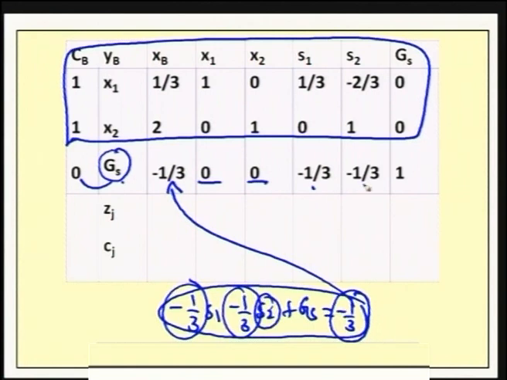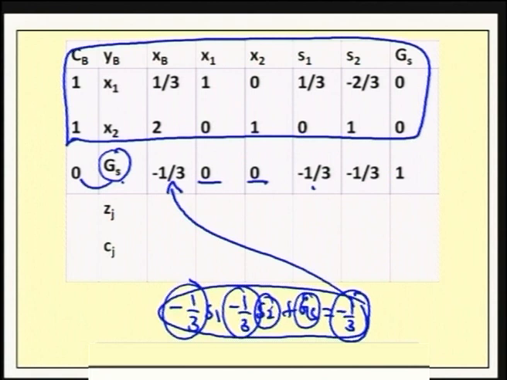For the Gomory slack, the corresponding coefficient is 1. So, by adding this Gomory constraint to the previously obtained optimum simplex table, we get the new table which we displayed here.